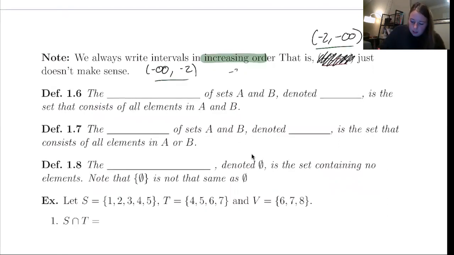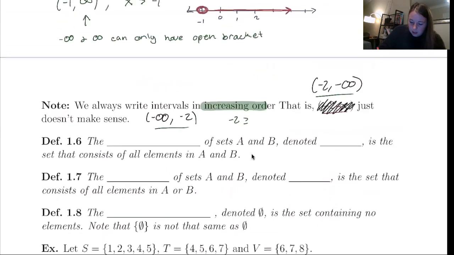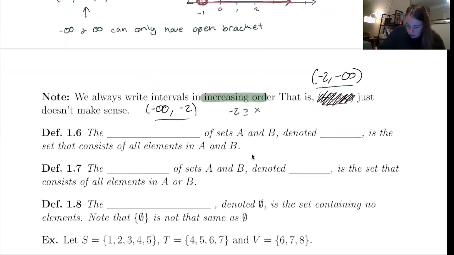I can write -2 is greater than x, which is also greater than negative infinity. I just need to keep the things the same. I can switch them around. That's fine. It's really only when we write the interval notation.